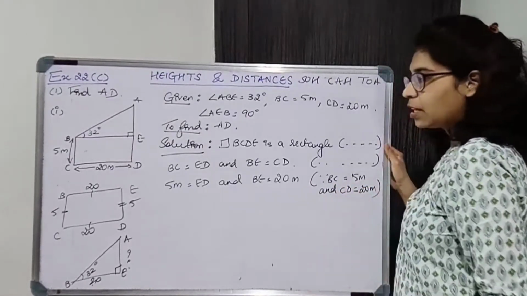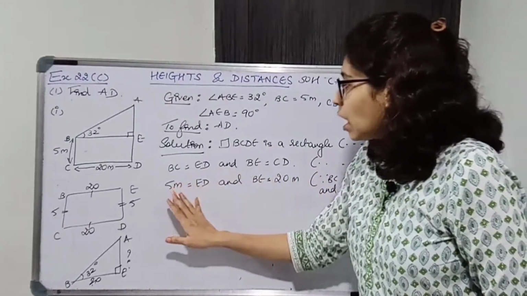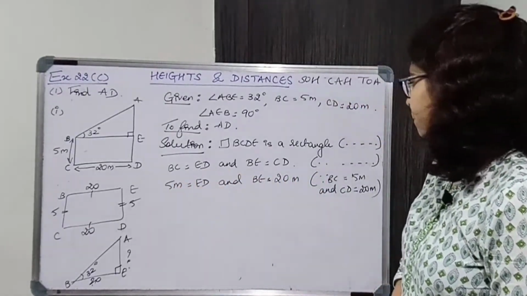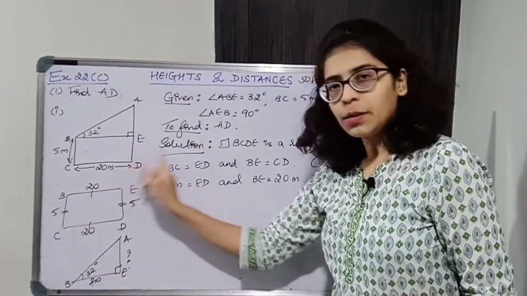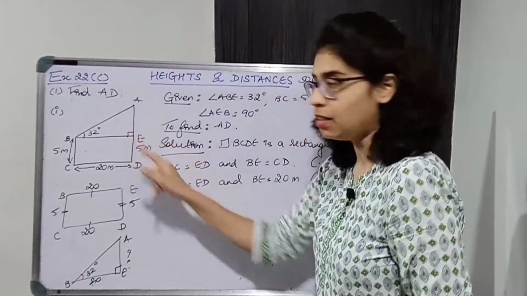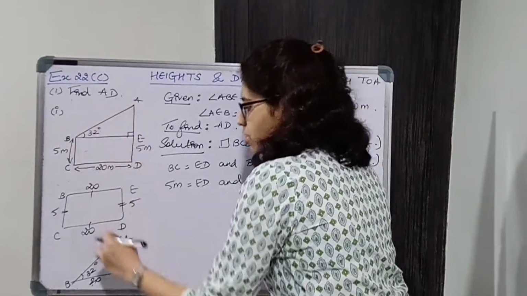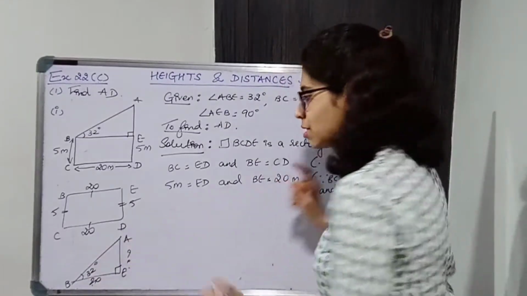Now we have this information. Now over here we got ED. The value of ED we got. Now we need to find AE. For AE, we'll consider this right angle triangle. So now we'll consider this triangle.